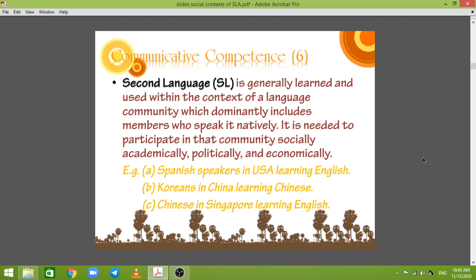Second language, or SL, is generally learned and used within the context of a language community, which dominantly includes members who speak it natively. It is needed to participate in that community socially, academically, politically, and economically.